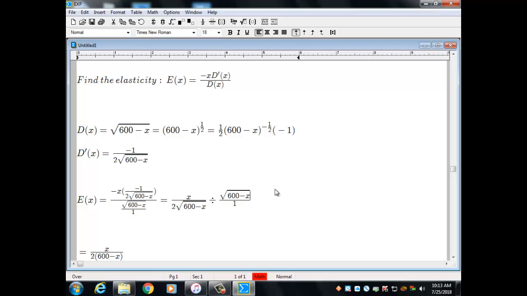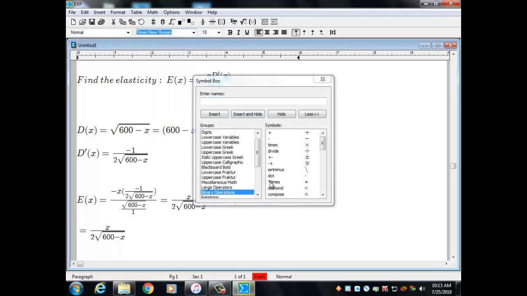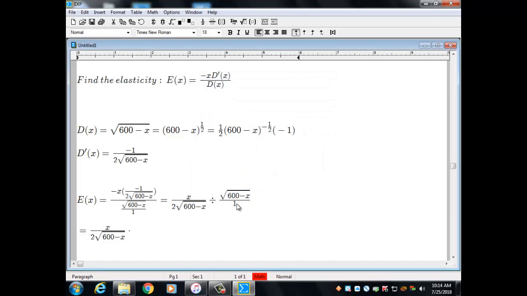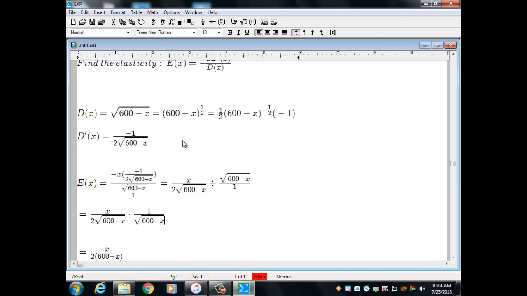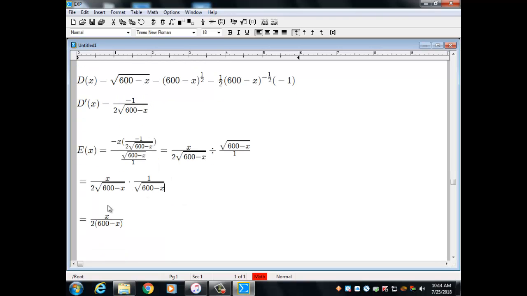When you do that, it becomes this times, flipping this over, 1 over square root of 600 minus x. Which gets you to this final part: x over 2, and then these combine together as 1.